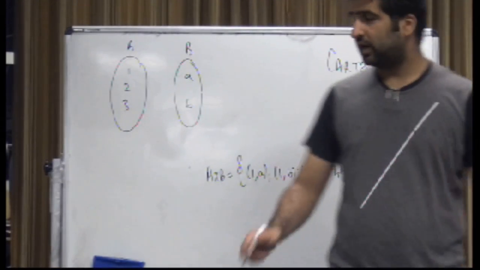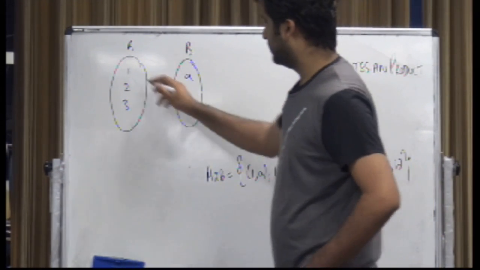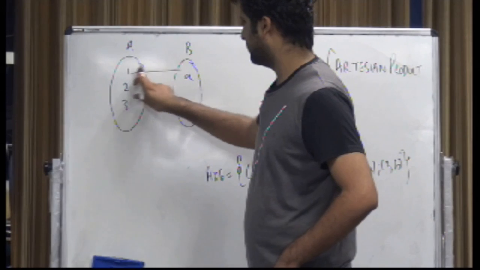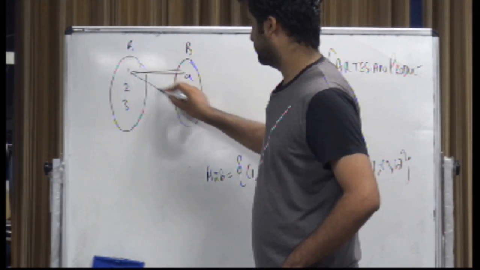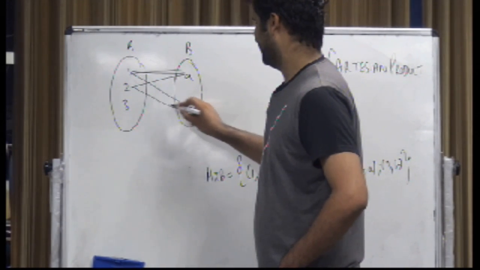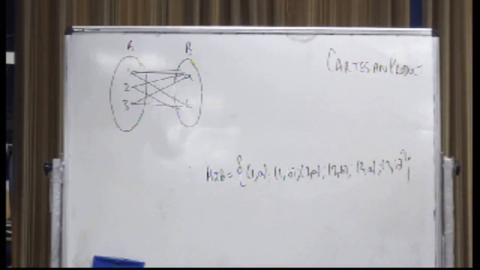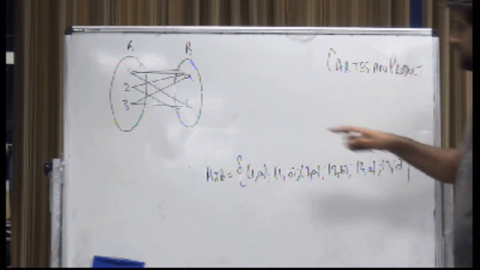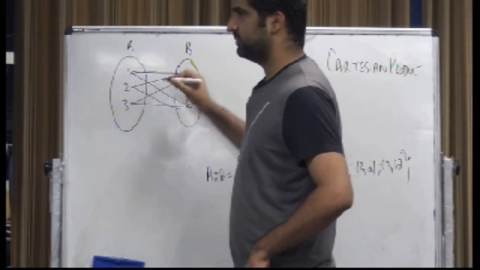In the case of Cartesian product, every element of A will be linked with every element of B. So therefore, we get this mapping. All the elements of A are linked with all the elements of B.